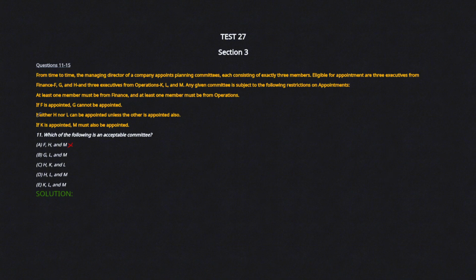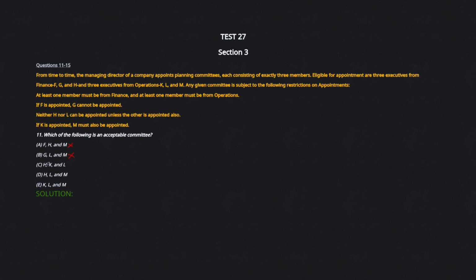Then the next one is if F is appointed, we only have G and no F. And then the next one is neither H nor L can be appointed unless the other is appointed also. So yeah, we don't have an H here, we have an L, so this one is crossed out as well. We need to have both H and L together, if they're selected, that is.